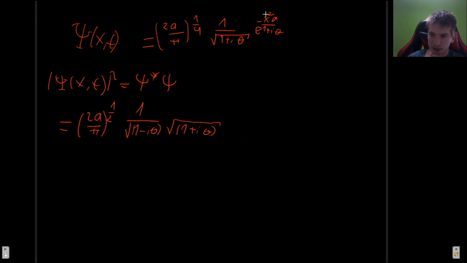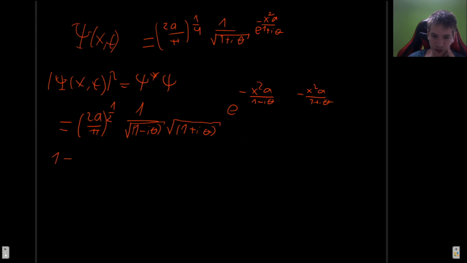So that is that part, and then we have the exponential, where there's also an imaginary part. The conjugate will be 1 minus i theta, and we have e to the minus a x squared divided by 1 plus i theta. Because we're multiplying the exponentials, we can just add the exponents. So now we need to calculate this quantity.